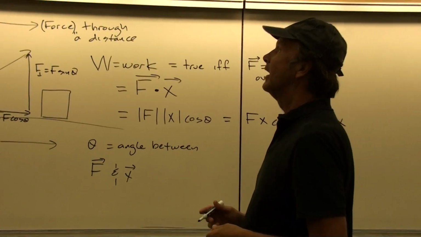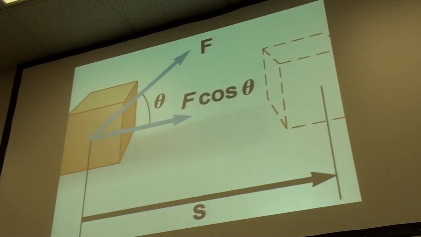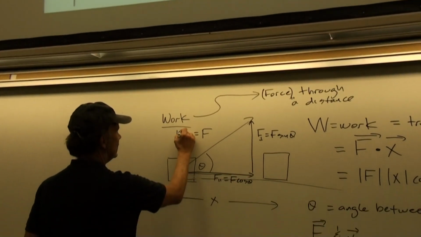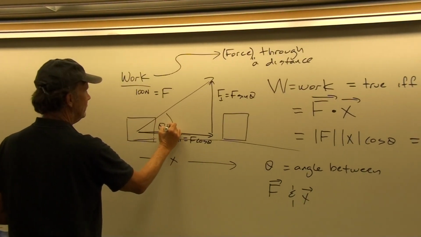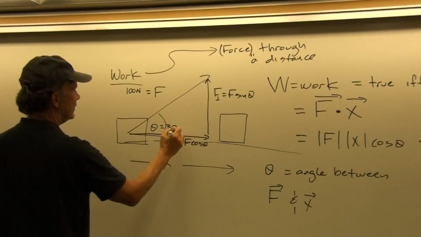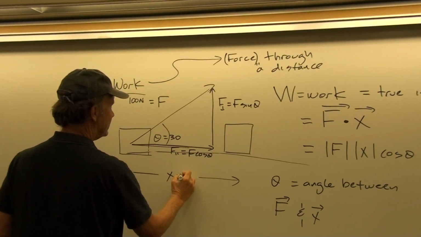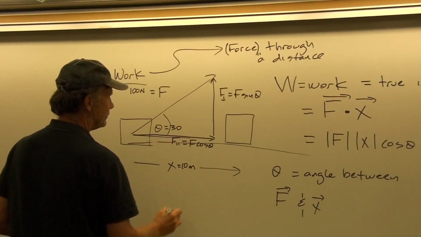So let's go back to this problem, and let's say that the force is 100 newtons, the angle is 30 degrees, and we pull this mass a distance of 10 meters.